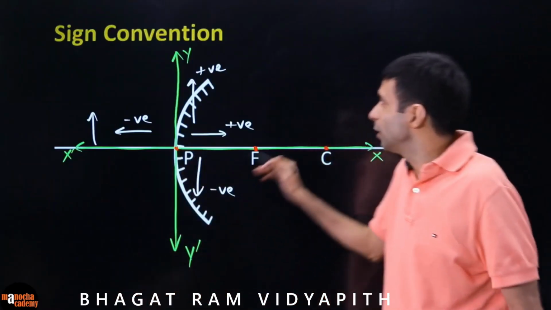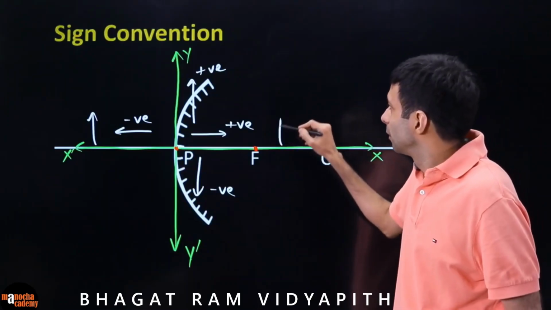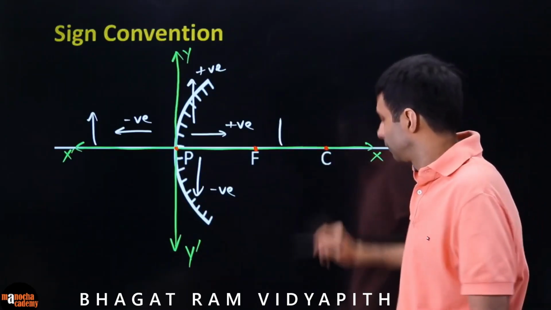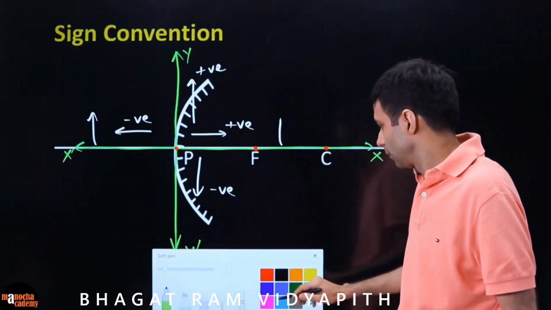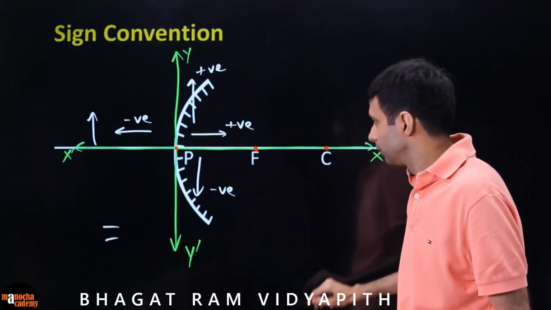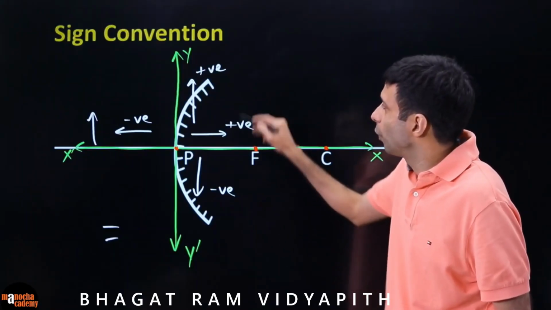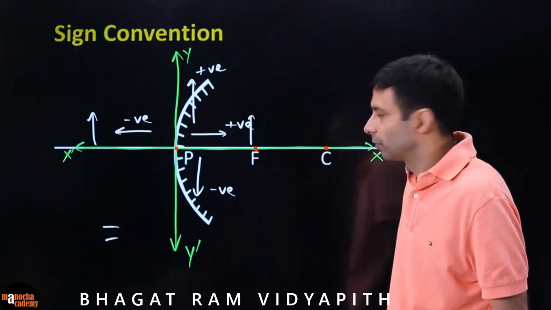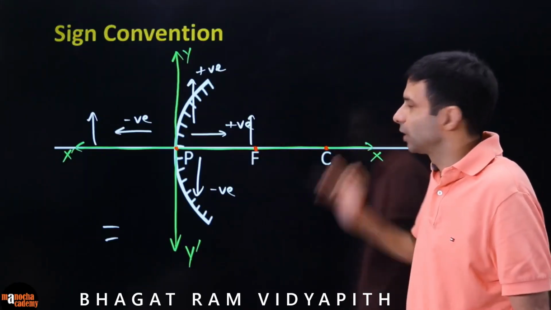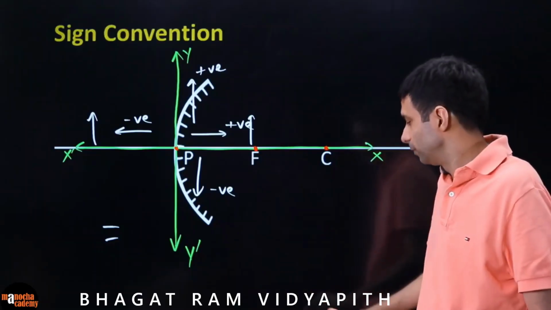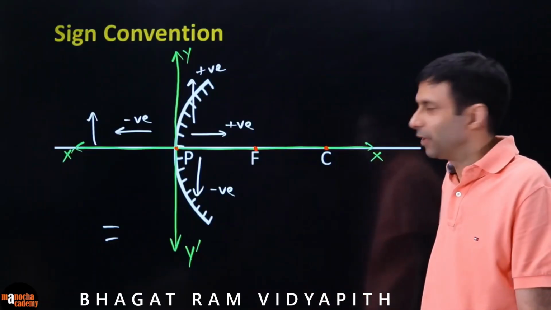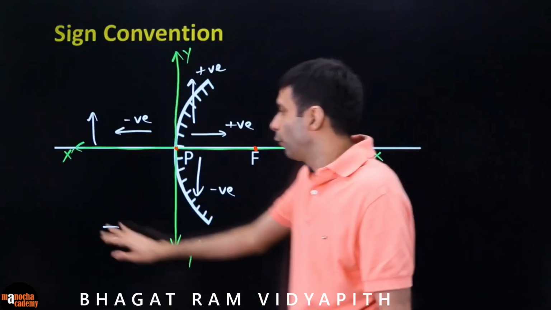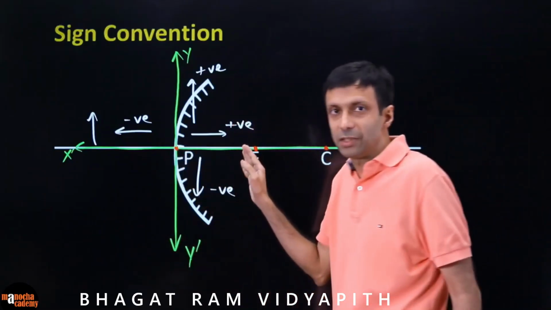If an image is formed somewhere here, let's say it's at 4 centimeter, so +4, because it's along the positive x-axis. Clear? So we have to follow the sign convention for the distance.